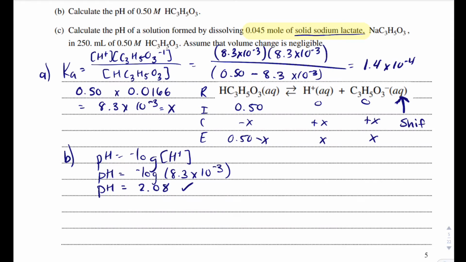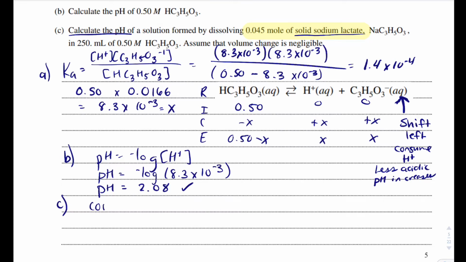Because we shift left, we consume H plus, so we're less acidic, and when we're less acidic, the pH increases. That's what we expect. But what they ask for is to calculate it, so we actually have to do a number behind it.